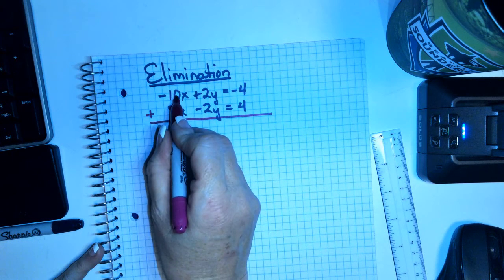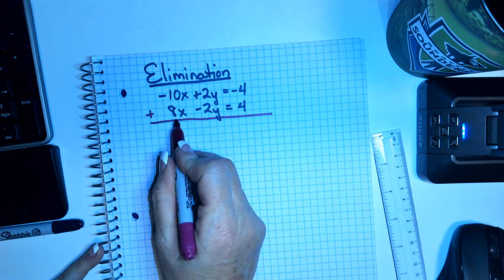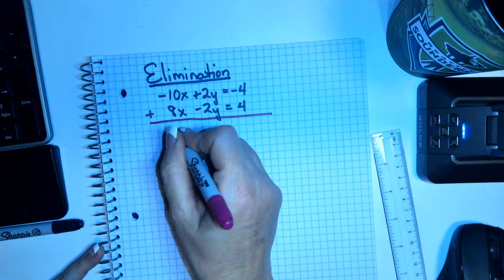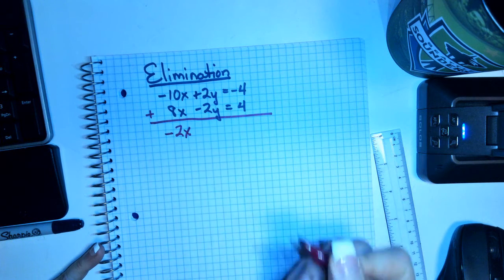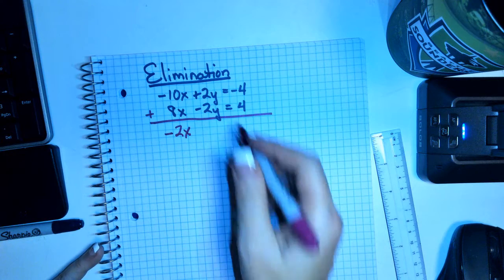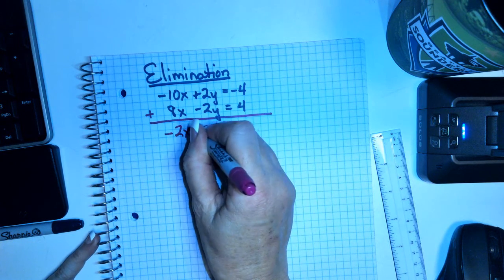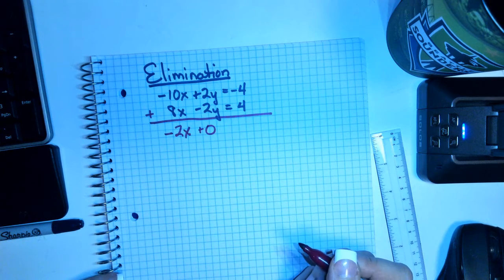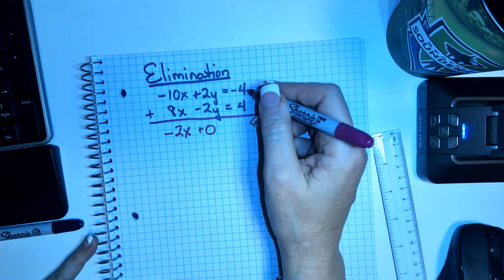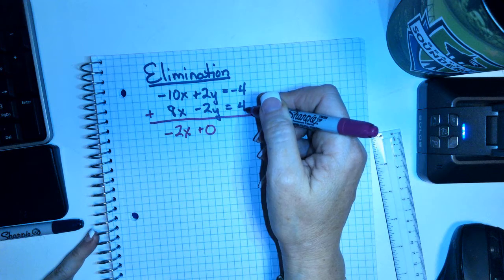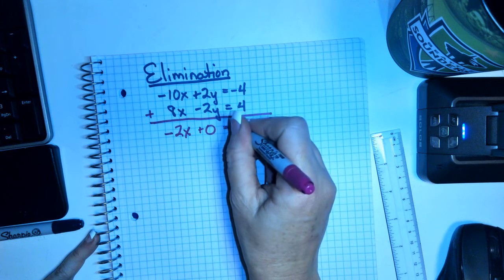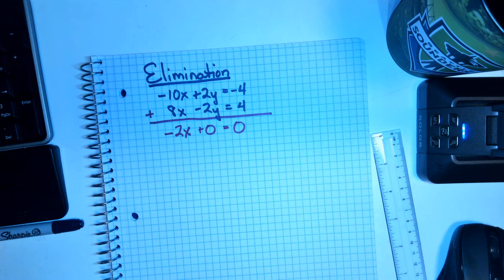So negative 10x plus 8x, that's going to give me negative 2x. 2y minus 2y, that's going to be 0. And negative 4 plus 4, that's also going to be 0.